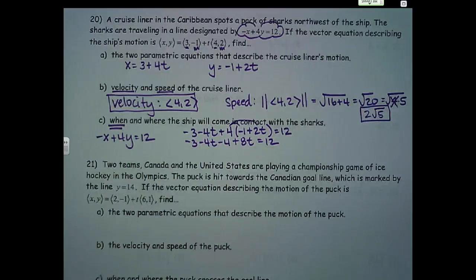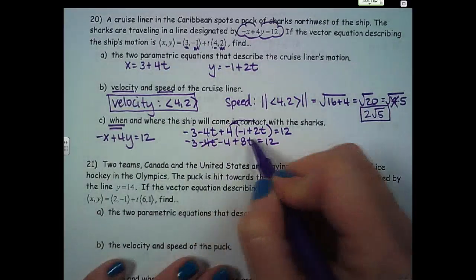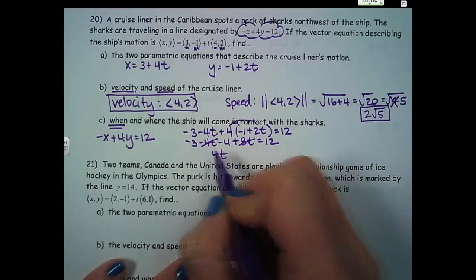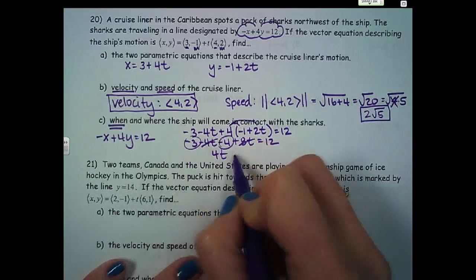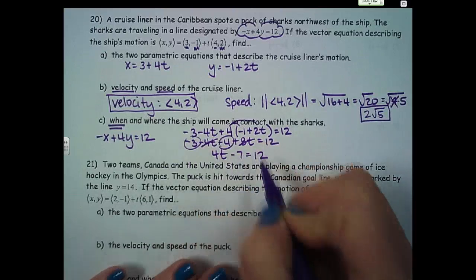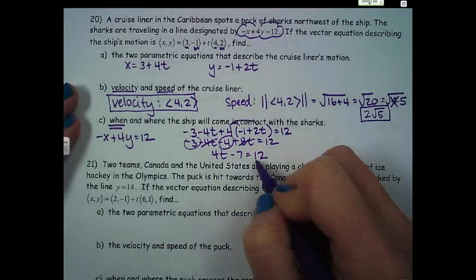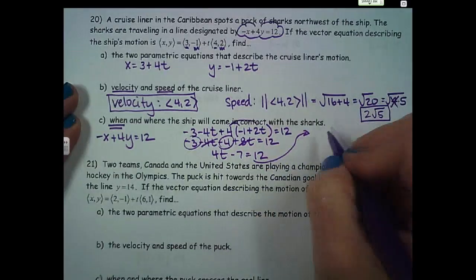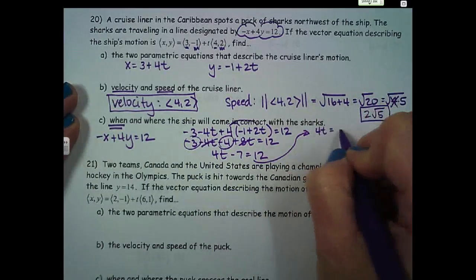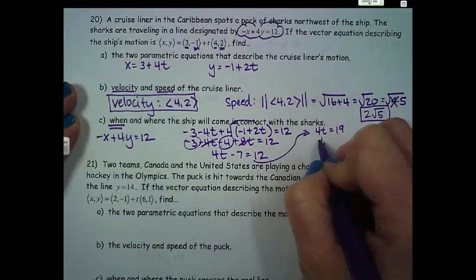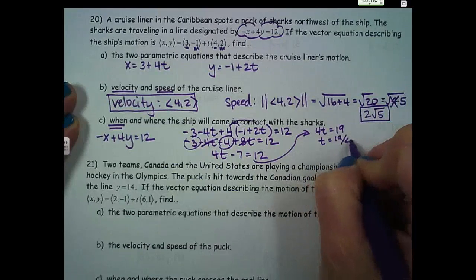Then you're going to combine the t. So a -4 and an 8 make 4t. A -3 and a -4 make -7. Now if I move the 7 over, I ran out of room, so I'm going to bring it up here. If I move the 7 over, you get 4t equals 19. So time is 19 over 4.